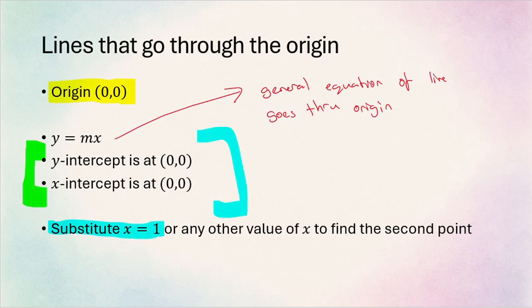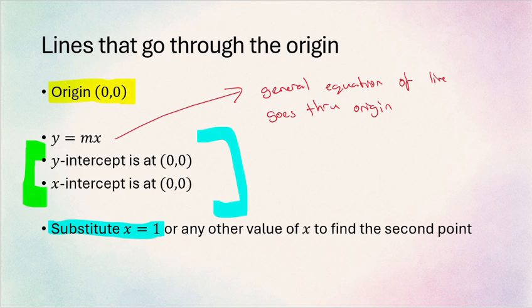If you remember what I taught you previously, you need a minimum of two coordinate points to draw a line. Obviously, we're only given one, the origin, so it's actually quite hard to do right now.